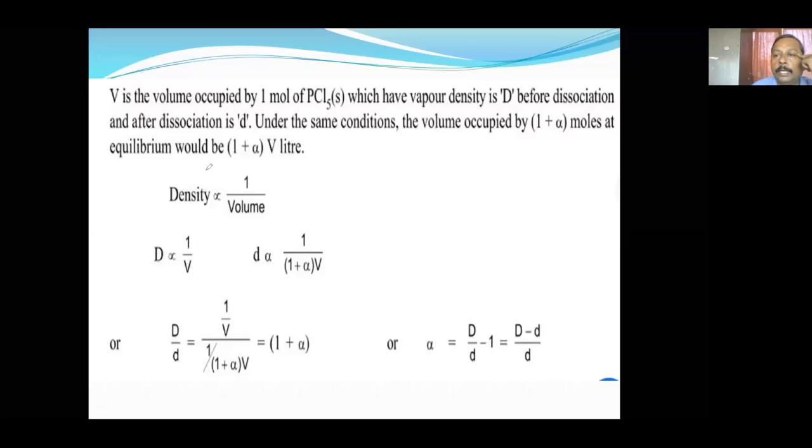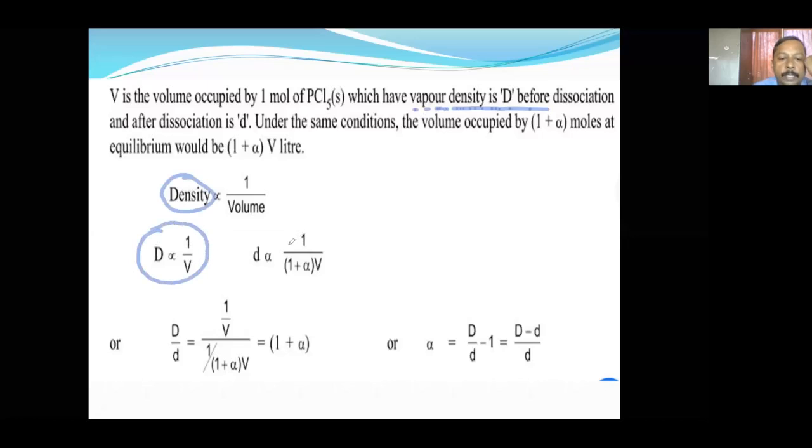But volume may increase or decrease with the change in the number of moles. Okay. So once moles increase, volume will increase, and then the density will decrease. Why am I worried about the density in this? Because our aim is to calculate the vapor density. Okay. So density or vapor density is inversely proportional to volume.